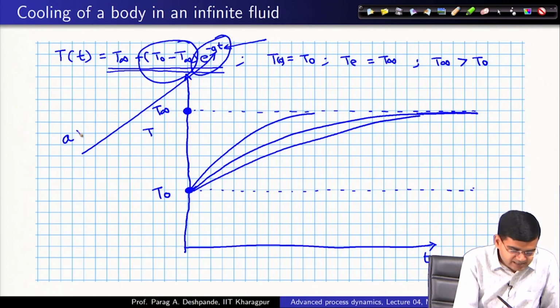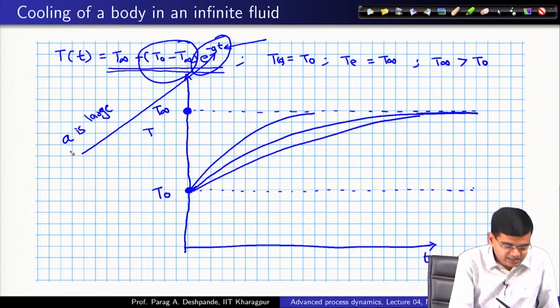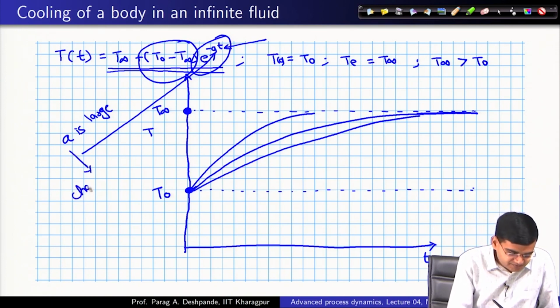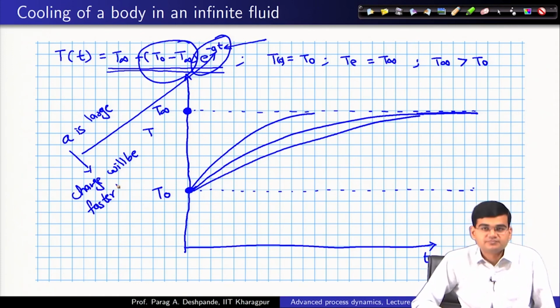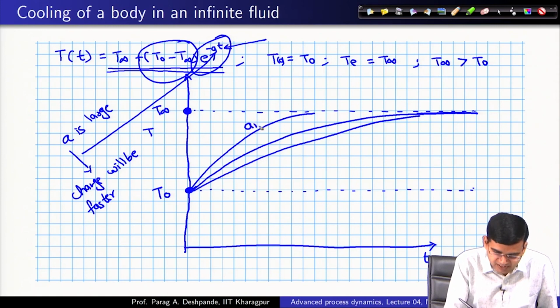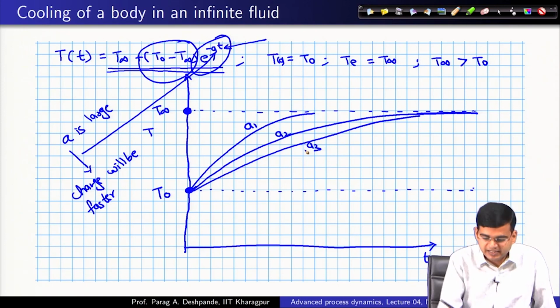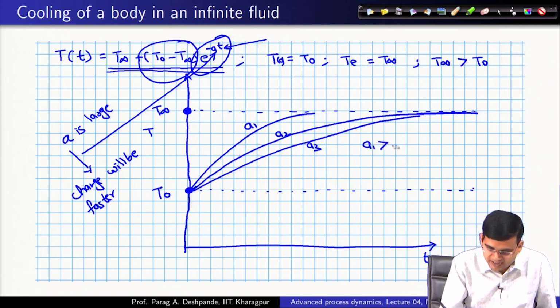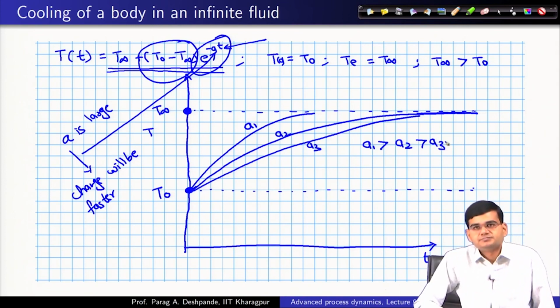If a is large, the change will be faster. So, therefore, if I have A 1, A 2, A 3, then I can write A 1 to be greater than A 2 to be greater than A 3 in magnitude.